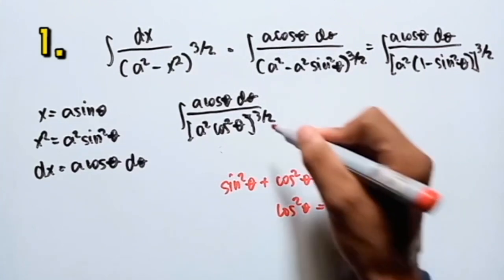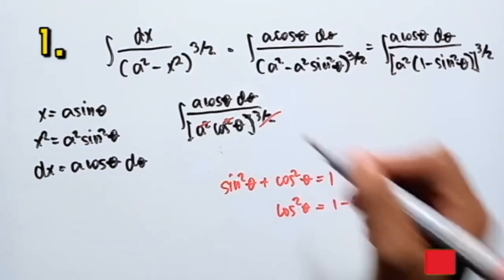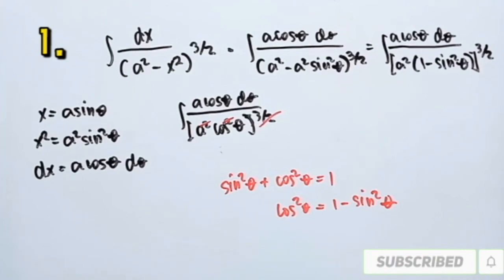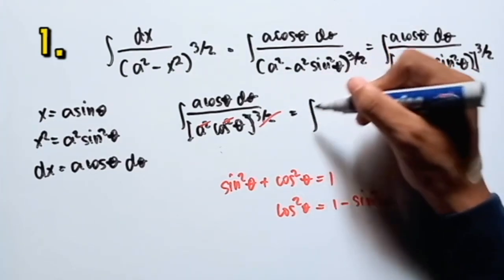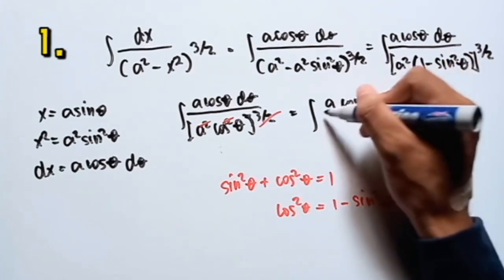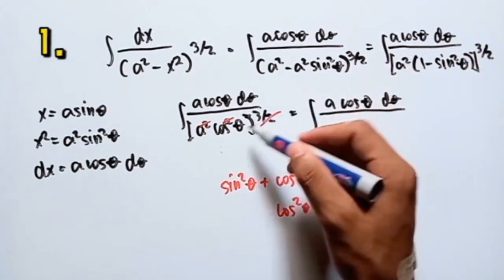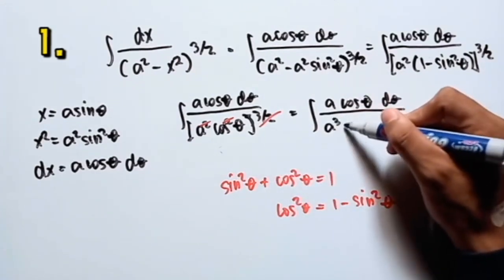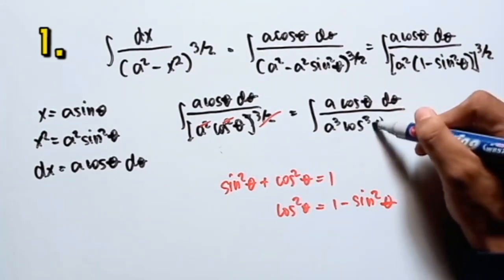And this will be cancelled since the 2 is distributed to a and cosine theta. So this is equal to the integral of a cosine theta d theta over, the 3 will be distributed to a and cosine theta, so this will be a cubed and cosine cubed theta.